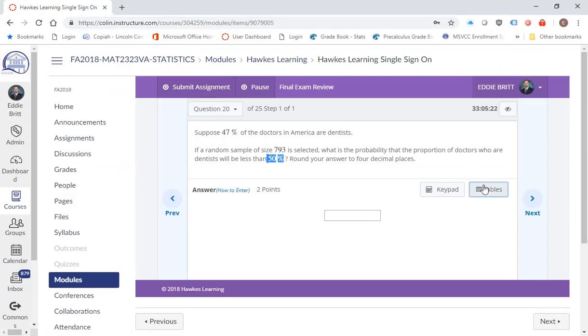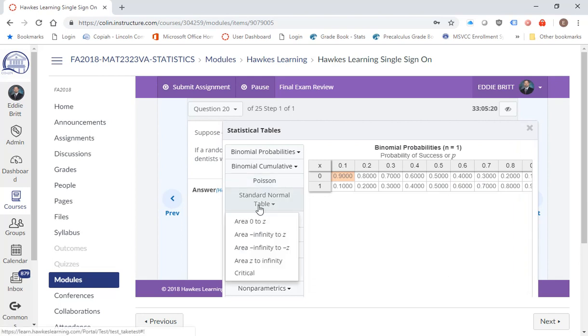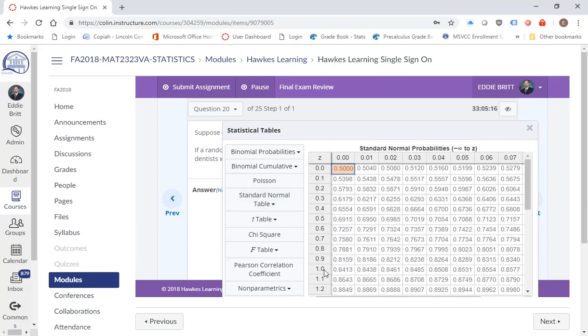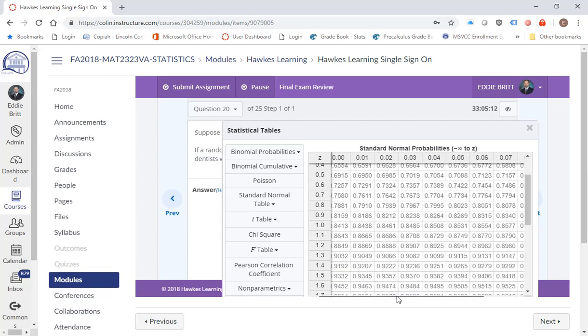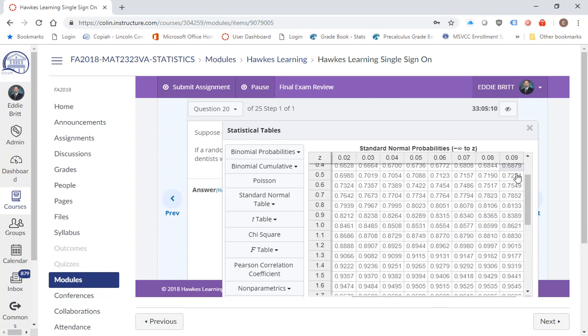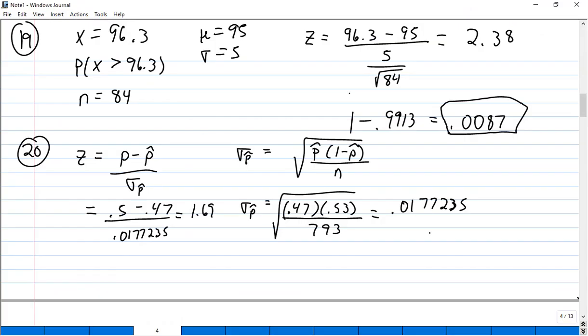The tables, standard normal. All right, I'm looking up 1.6, and then I have to scroll over to the nines column. 0.9545. 95.45% or 0.9545. That's your answer.